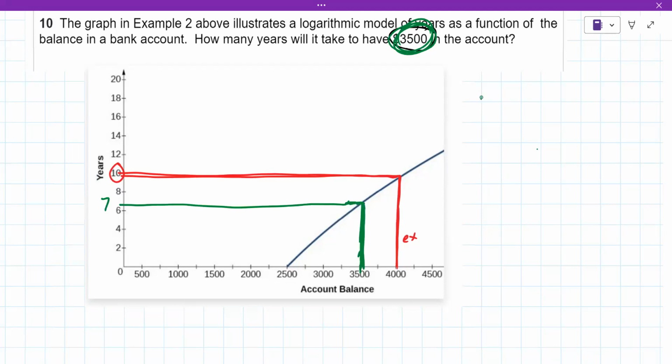There's a reasonable answer like 7, and then there's unreasonable like 5. 5's probably too small. 8's probably too big. 6 might be okay. For my answer, I'll write 6 to 7 years, because when you look at how you drew the line and how it curves, it's closer to 6.